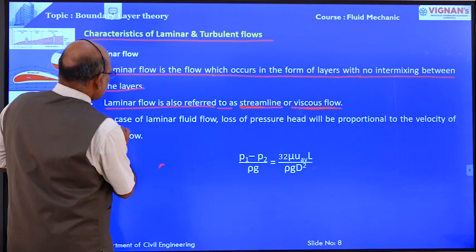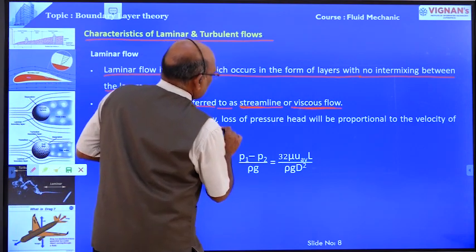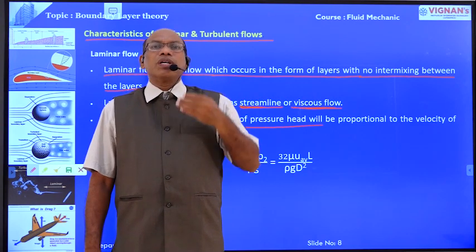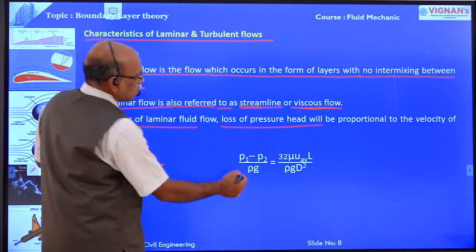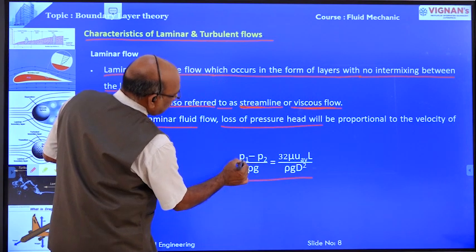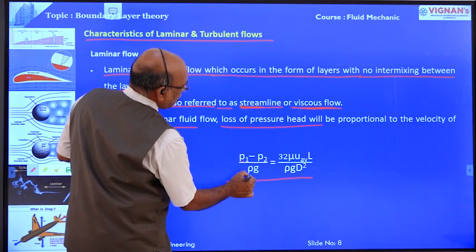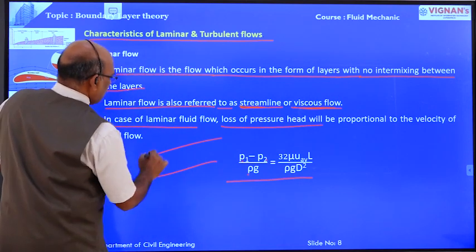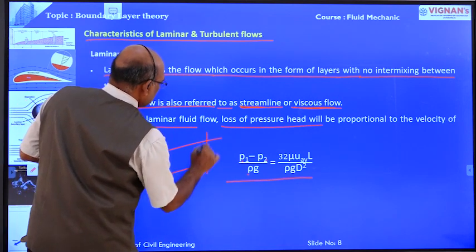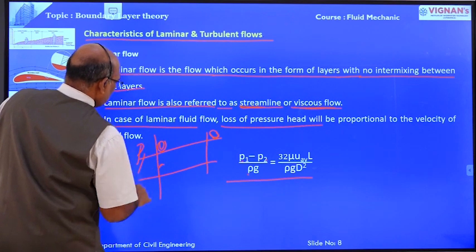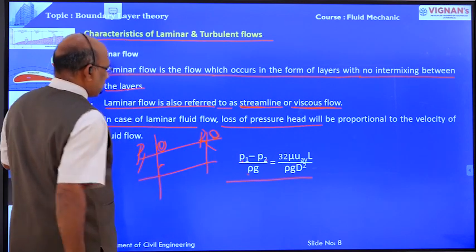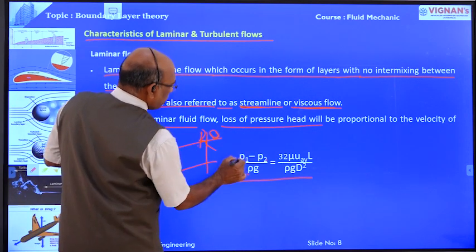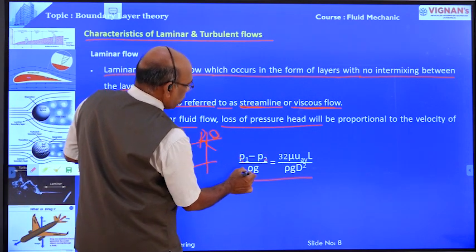Another one is that in case of laminar flow, the loss of pressure head is proportional to the velocity of flow. The loss of pressure head formula is (P1 minus P2) divided by rho g.